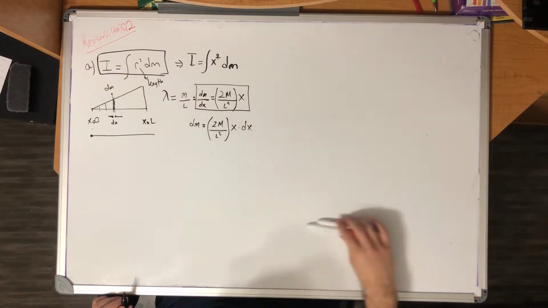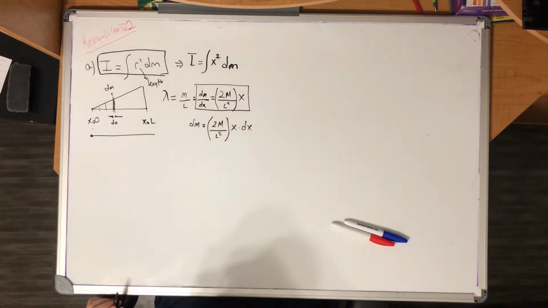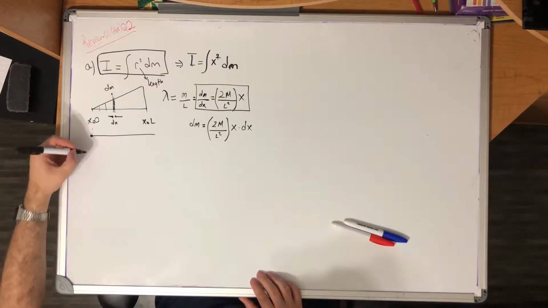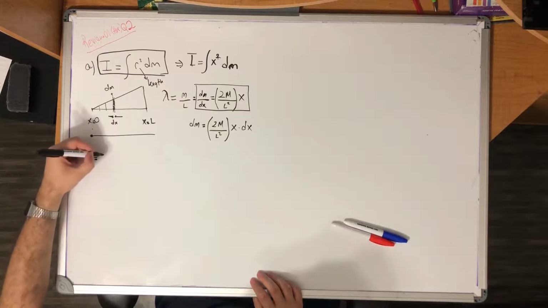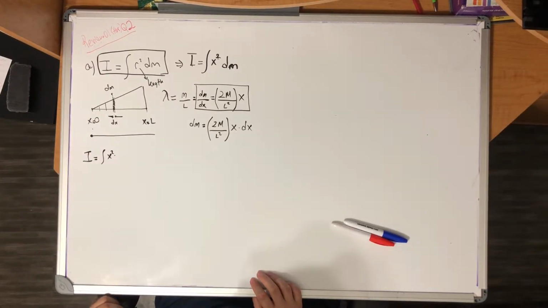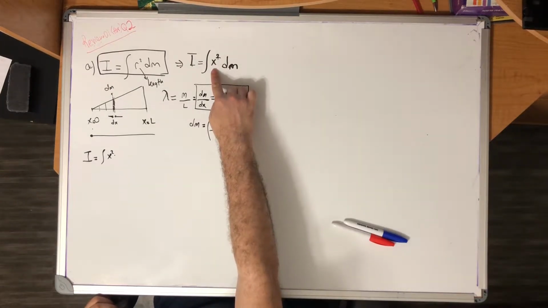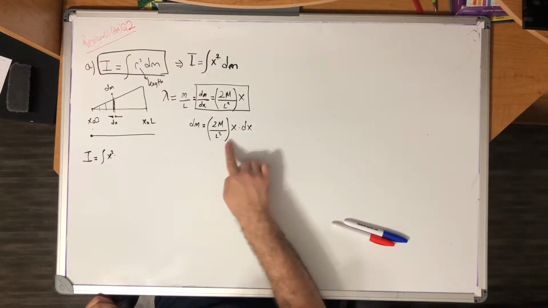All I need to do now is replace this dm into that integral, and the rest will be easy to do. So let's go from I equals the integral of x squared times dm. I'm going to replace this dm because I don't have x as a function of m, but I have dm as a function of dx.